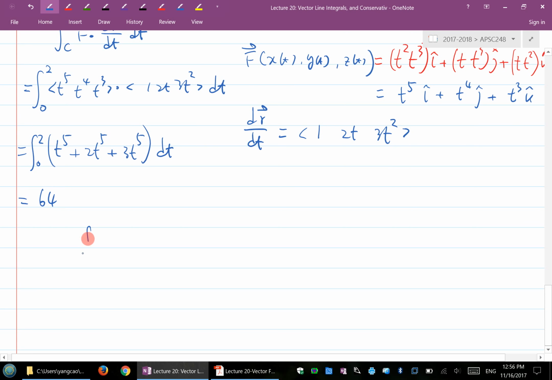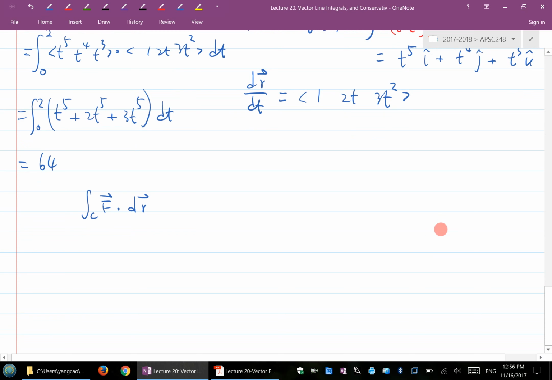Let me rewrite this one here. For the same vector line integral formula, oftentimes you will see alternative formulas. So here's another alternative.